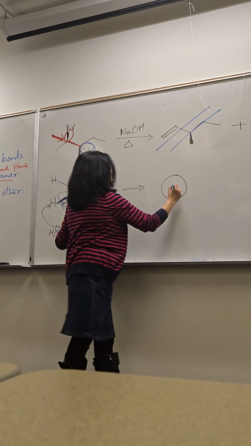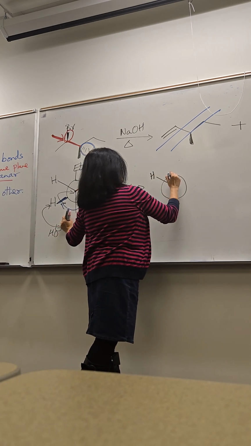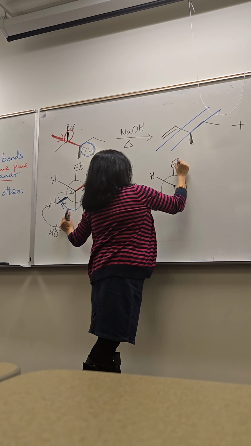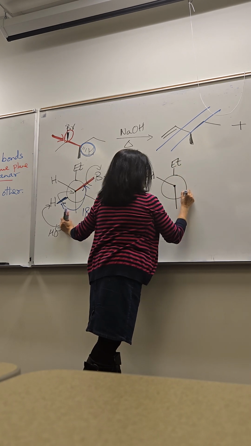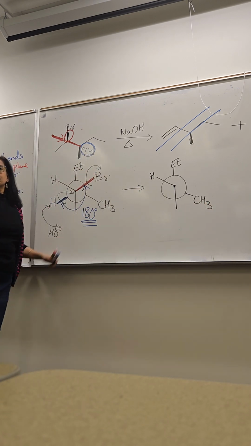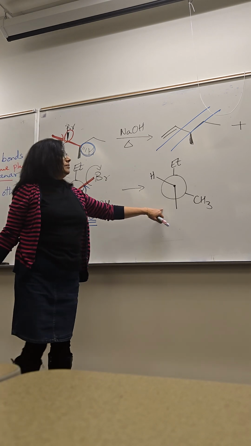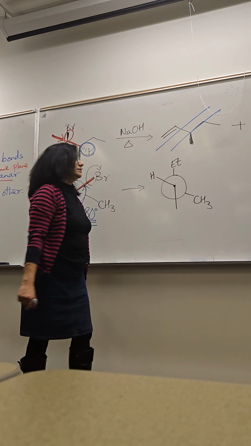So what remains? I have hydrogen here, I have ethyl here, and I have methyl here. Agreed? Everybody? So can you tell me which of those two drawings matches this product?